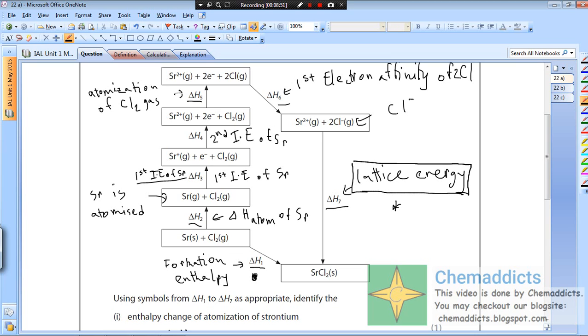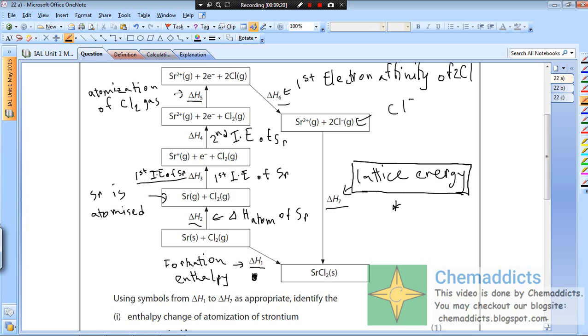So in here we can see that these are all in one direction. Except for this formation enthalpy and this lattice enthalpy, all of these will be in one direction.